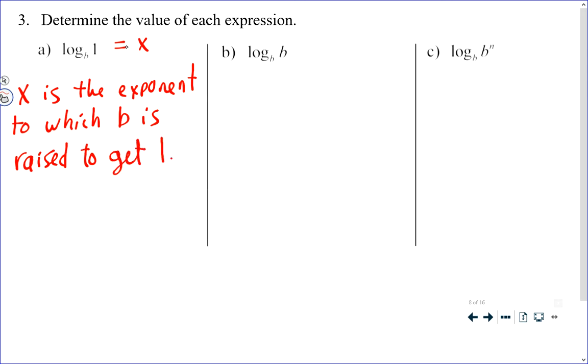In other words, if I rewrite this log base b of 1 equals x in exponential form, I get this. And now we have to go back to a grade 10 idea and say, well, what exponent do I raise a base to get 1? 0. So this expression is equal to 0.